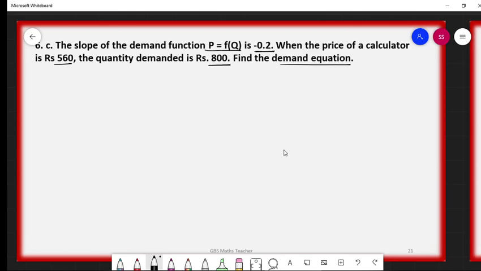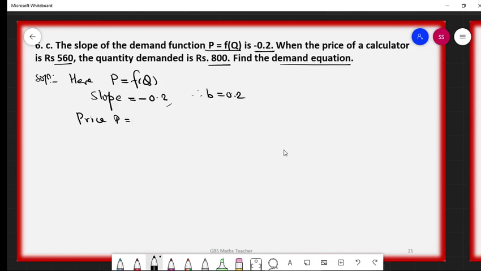Here P equal f of Q, slope equal minus 0.2, that is B is 0.2, and price P equal Rs 560 and quantity demand is 800.